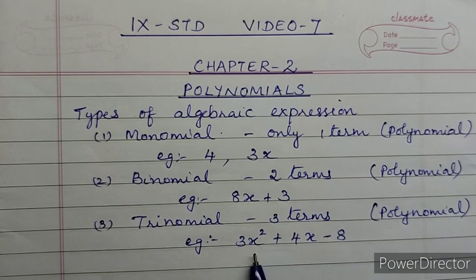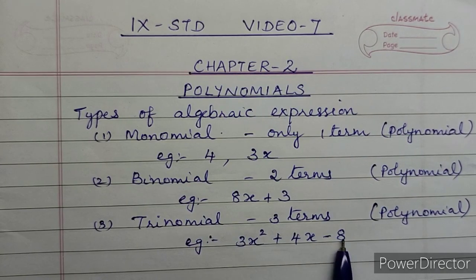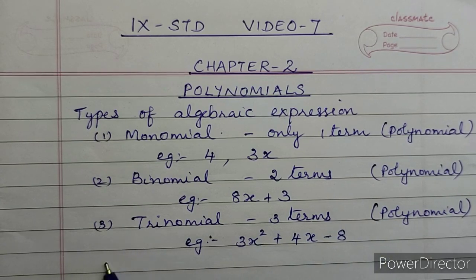Trinomial, three terms joined with a plus or minus symbol. First term, second term, third term, that is also a polynomial only. If more than that comes, you can call it a 4-termed polynomial, 5-termed polynomial, like that. There is no particular name for that.